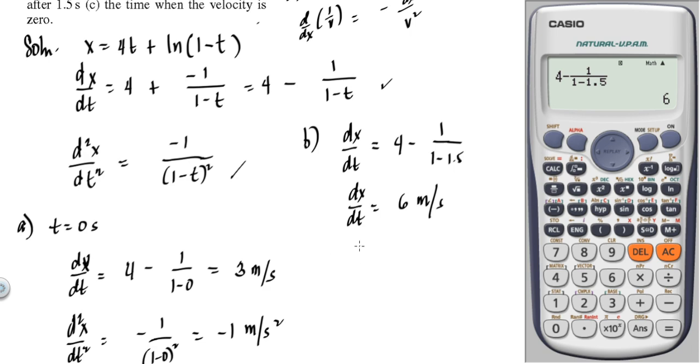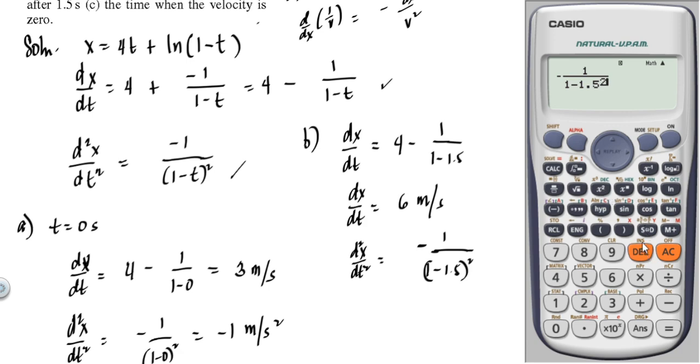How about the acceleration? So we have d square x over dt square equals, let's use this, minus 1 over 1 minus 1.5 square. Acceleration when time is 1.5. Let's compute. So we have minus 1 over 1 minus 1.5 square.